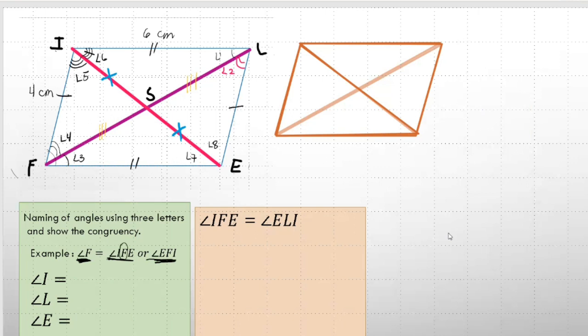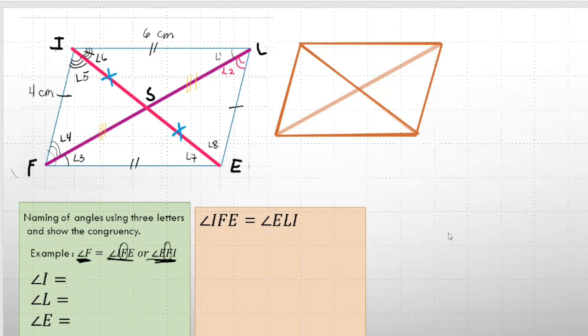Therefore, siya yung pagbabasihan natin, ibig sabihin, siya yung kukuhanan natin ng angle natin. Okay, so now let's try to identify the angle or equivalent angle of the given using the three letters. Okay, so let's start with angle I.